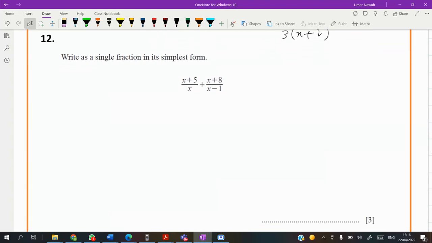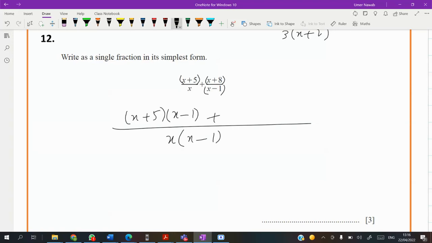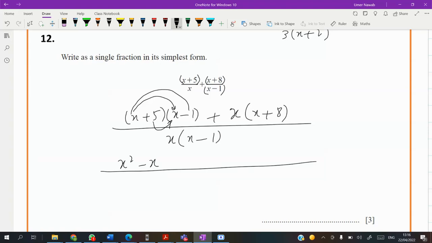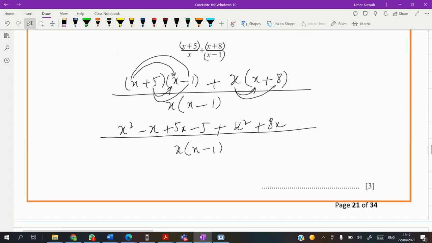Next important question. Bracket, bracket, bracket, bracket, bracket. So x minus 1, x plus 5, x minus 1 plus x plus 8, x times x squared minus x plus 5x minus 5 plus x squared plus 8x, x minus 1.